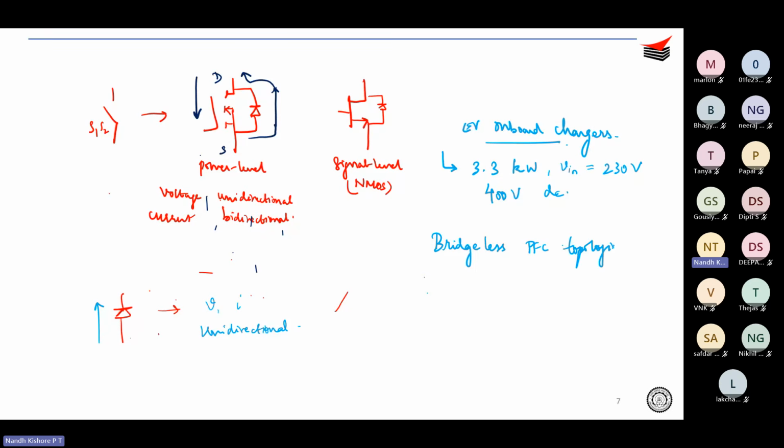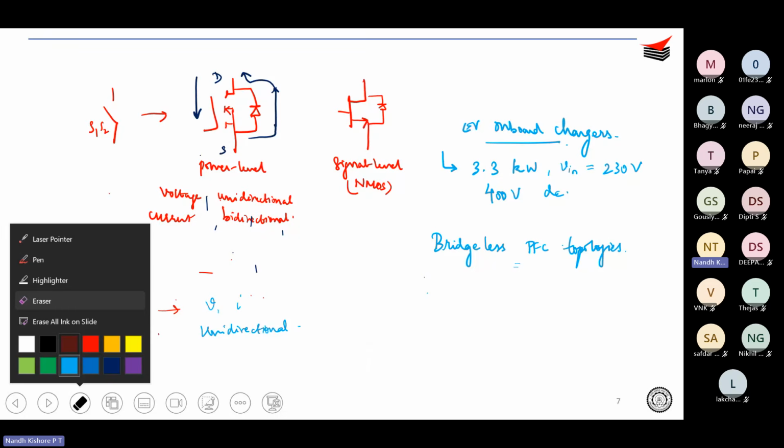I don't know if it is still there in the entire course curriculum, but if you are doing some master's level courses, you would definitely learn about bridgeless PFC topologies. I'll just draw the circuit diagram. We will see later on if it's there anyway, but this is just for our own understanding.